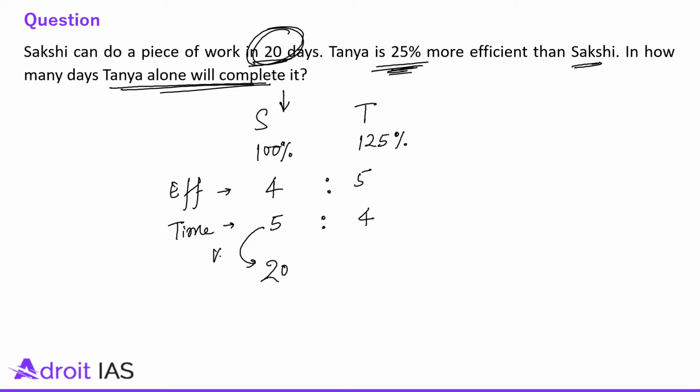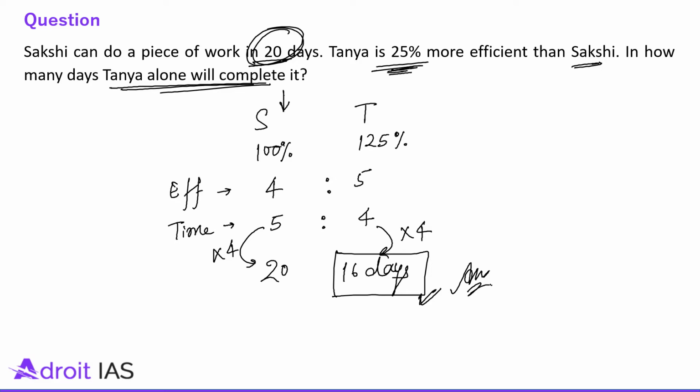So this is 4 into 5. So obviously 4 into 4 is 16, right? So Tanya will finish that work in 16 days, which Sakshi can finish in 20 days, right? Okay, a very simple question, friends. So this is the answer.